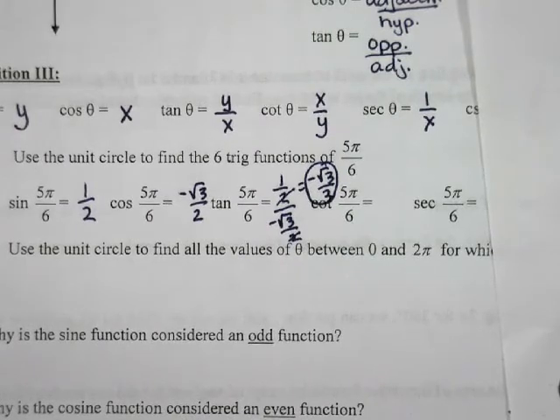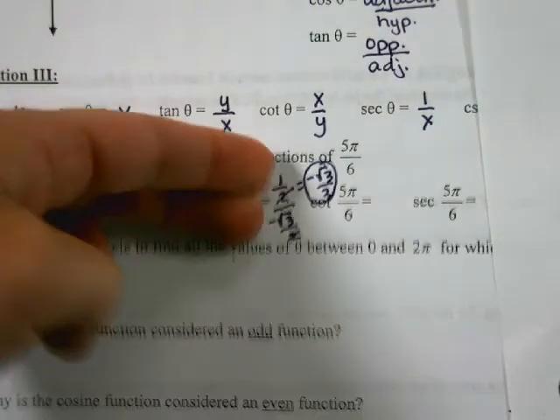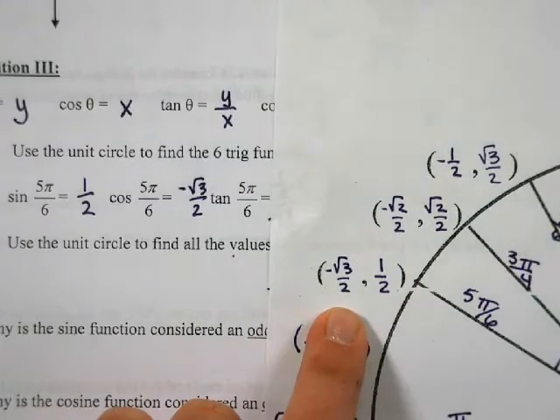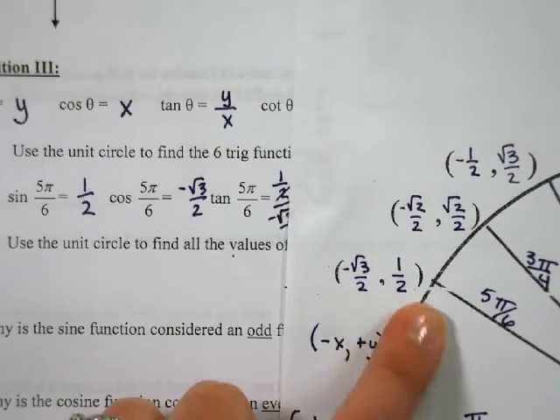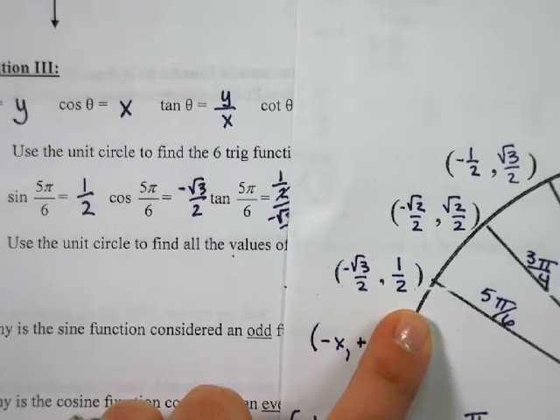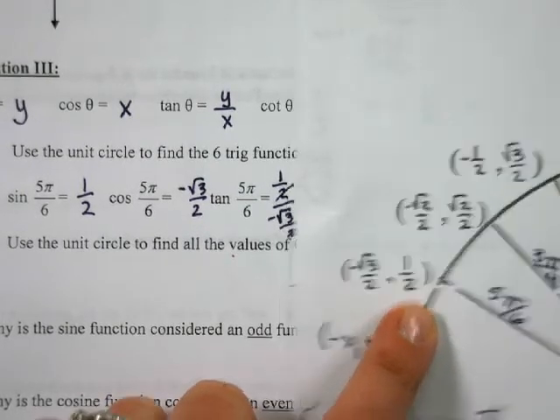So how about cotangent? Where did you get all those values from? My ordered pair. So cosine is the x-coordinate, sine is the y-coordinate. Good question.